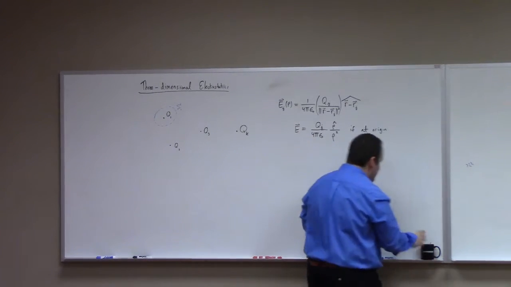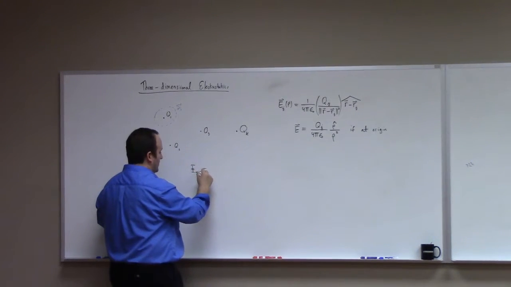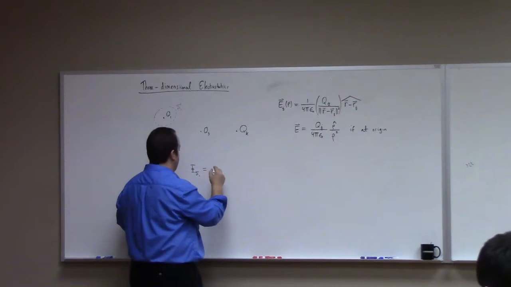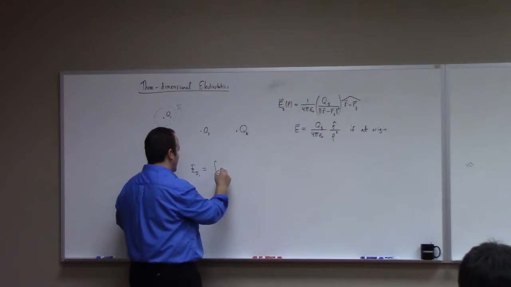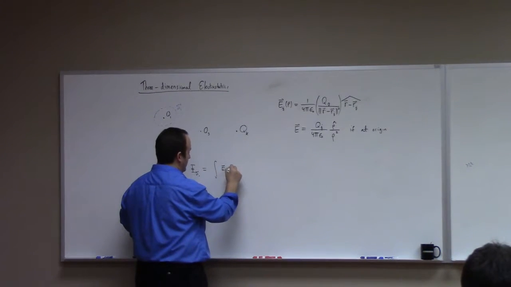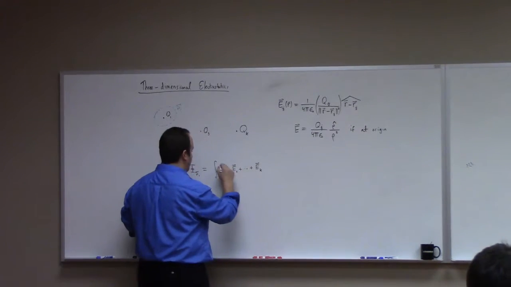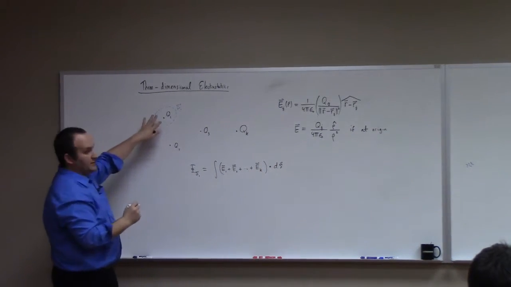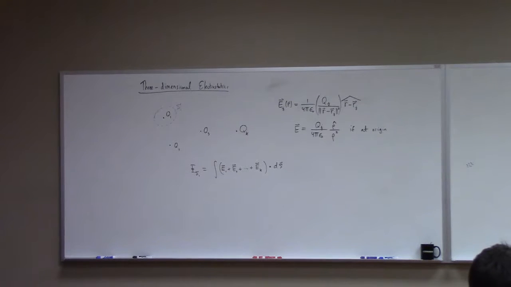Yeah, the flux through S1 would be equal to, technically speaking, it should be E1 plus E2 plus up to EK, dotted with dS. That would be the flux through a little sphere which encloses the first charge.